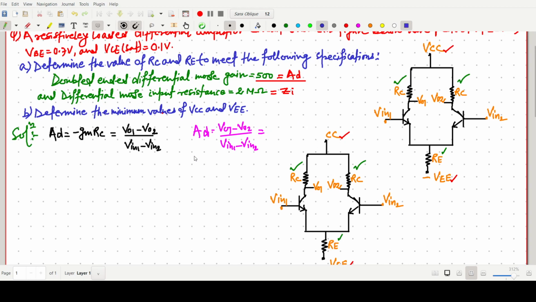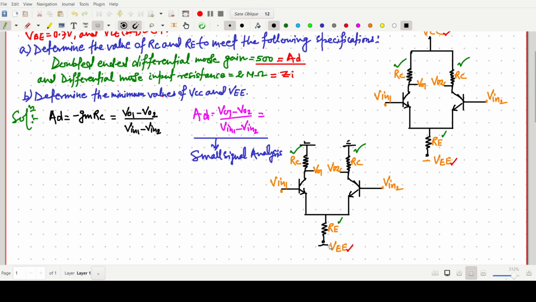I am doing all the theory also in this question. For the small signal analysis, we have to make the DC voltages ground. This should be 0, and this will also be grounded.